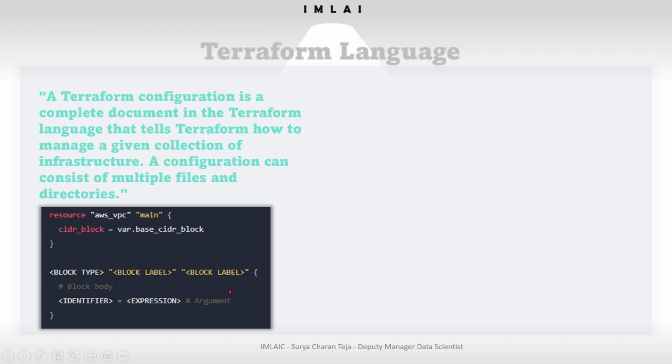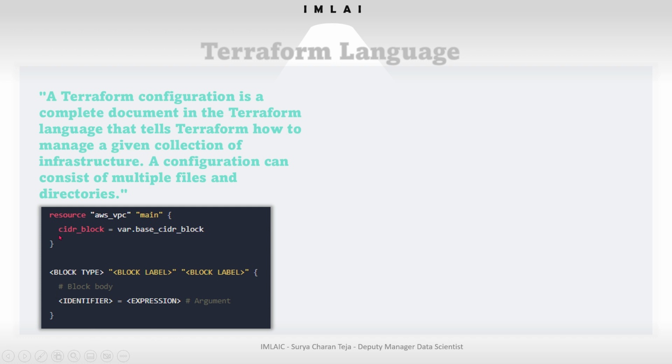So it consists of only a few fundamental elements: the first one is a block type, the second and third are block labels. Then your curly braces open up, the block opens, and inside is your block body. Whatever you write inside is your block body. There you will have an identifier equal to an expression. This is called an argument.